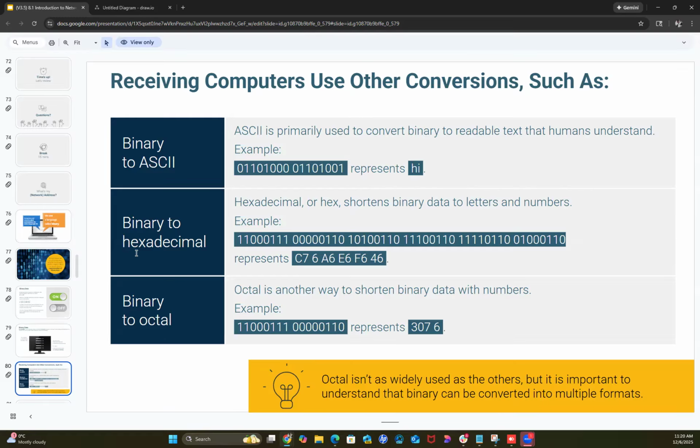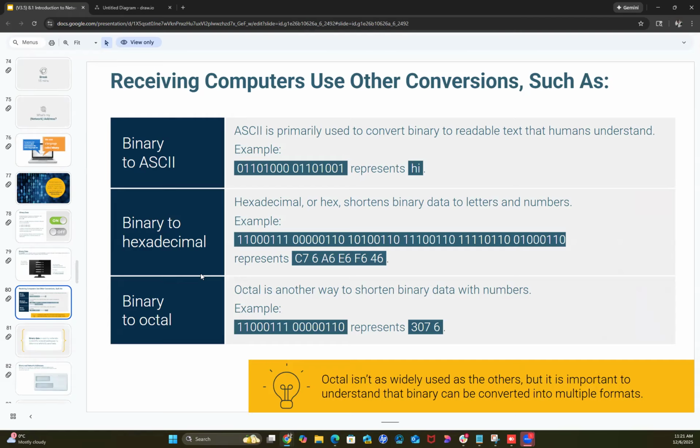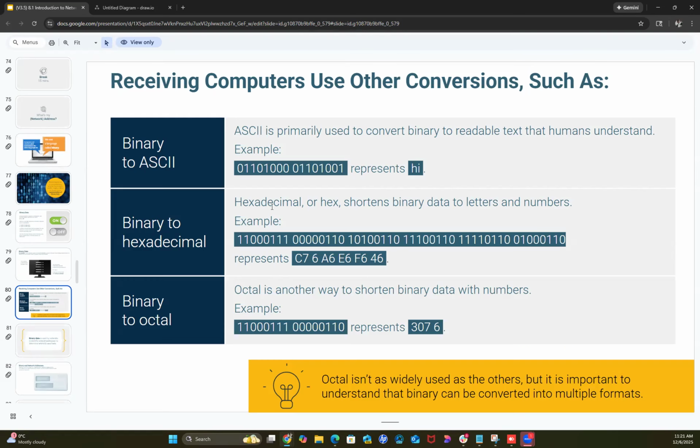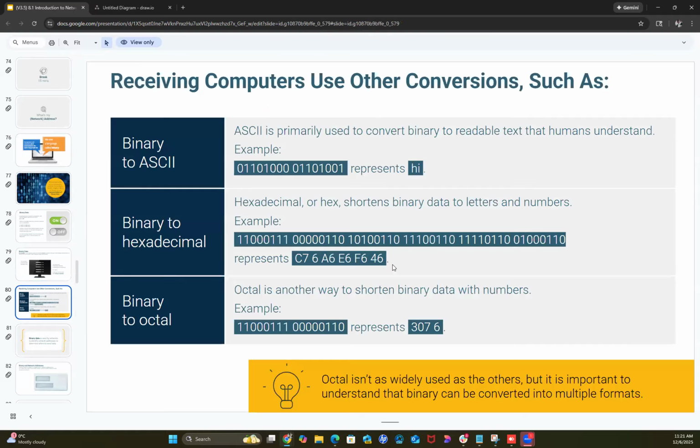So now we can discuss more to understand what binary data is. Before this, we covered binary to decimal, binary to ASCII, binary to hexa, binary to octal. So 4 things. Again, remember, the computer only understands binary, 0 and 1. Binary to decimal means numbers, any number. Binary to ASCII means readable format, anything text.